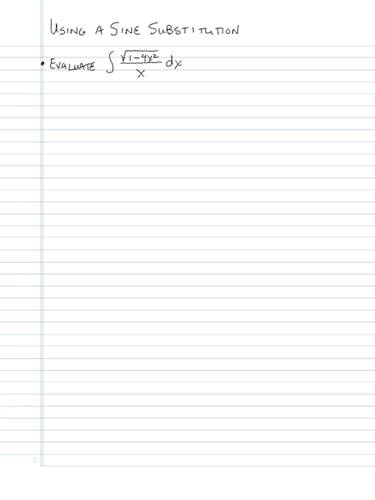Now, let me point out that when we have the form square root of a squared minus u squared, then what we end up doing is replacing u with a times sine of theta, and then from there we can proceed further.